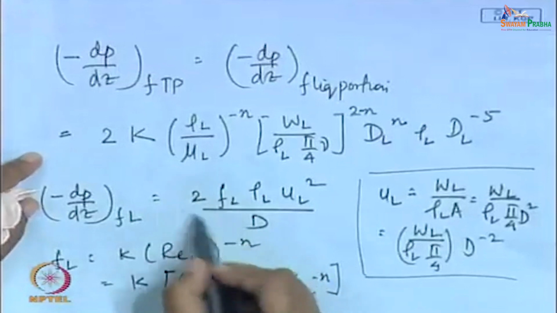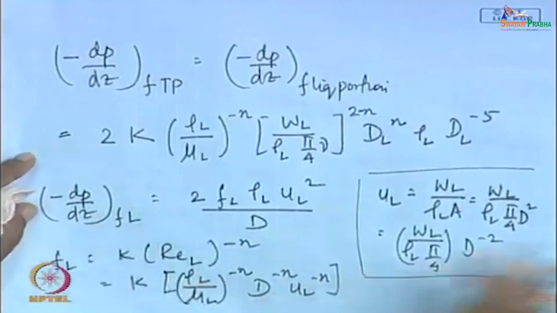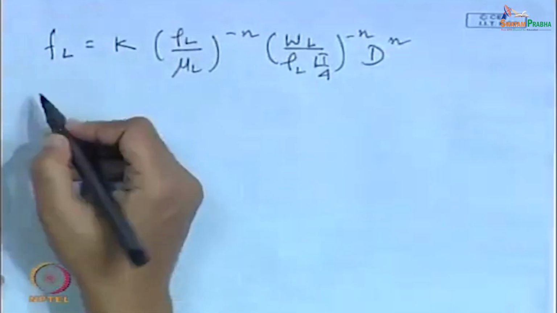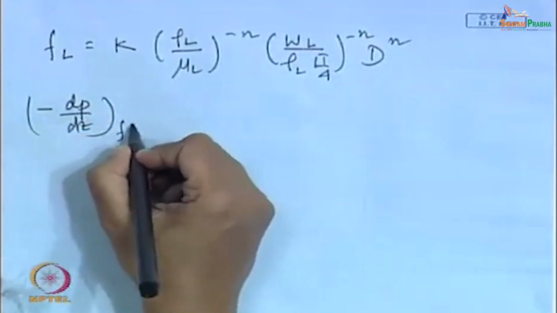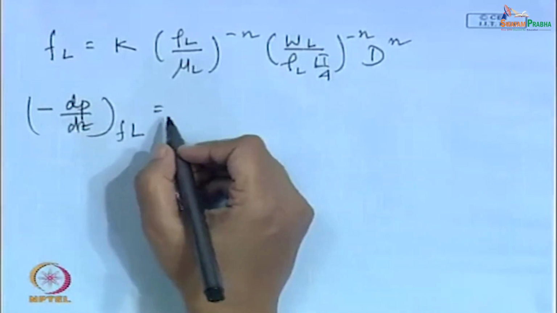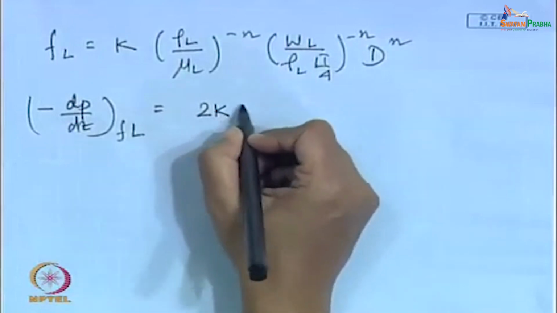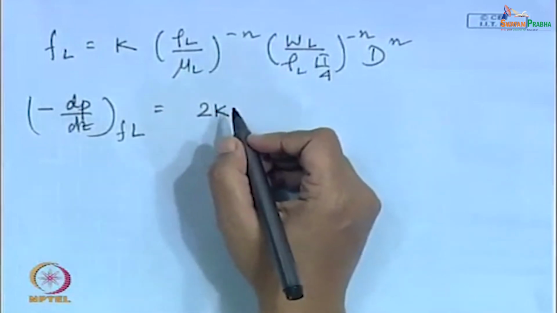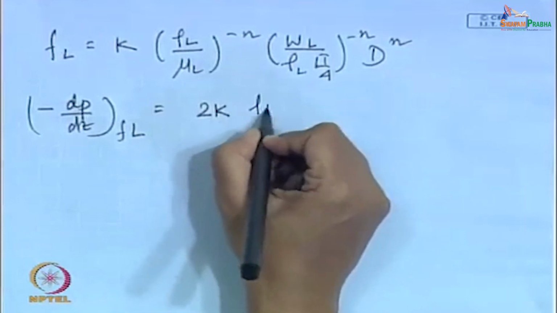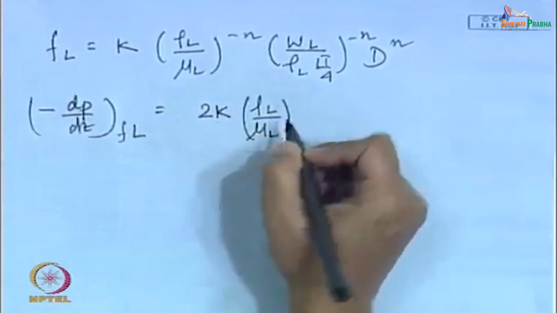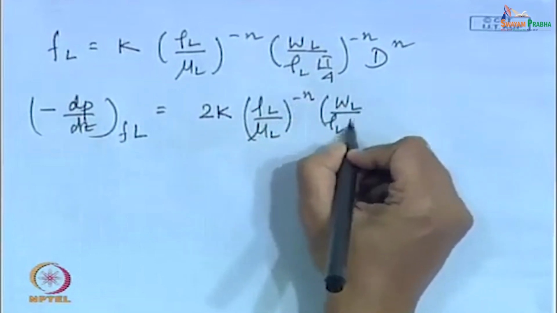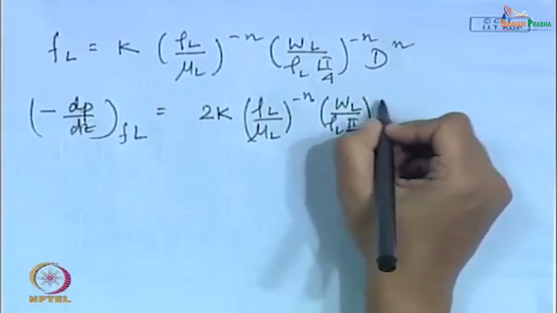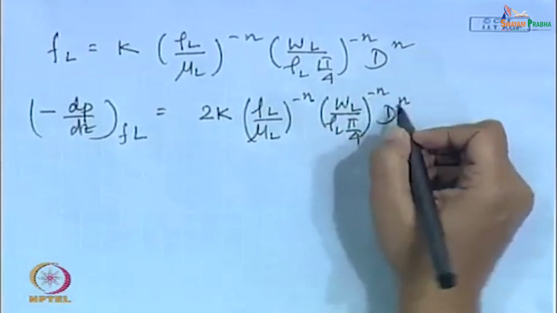So, now if I substitute this FL in the expression for the frictional pressure gradient, then what do I get? I get minus dP dz frictional liquid, which will be equal to 2 K, and I will write down the expressions one by one: rho L by mu L whole to the power minus n, WL by rho L pi by 4 to the power minus n, D to the power n.